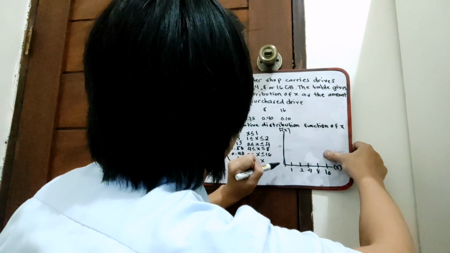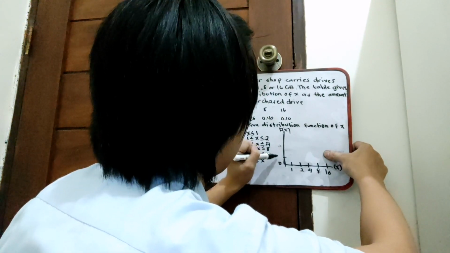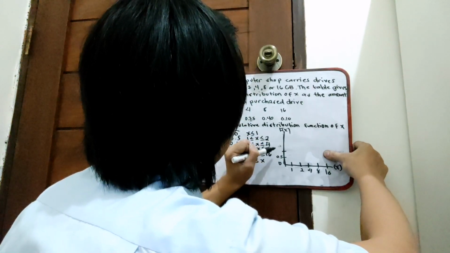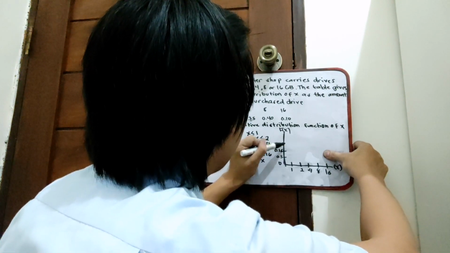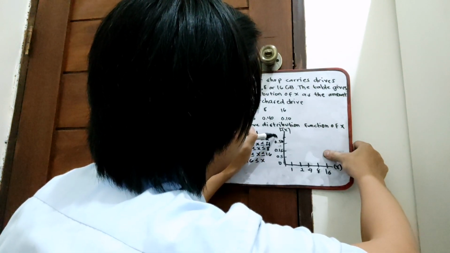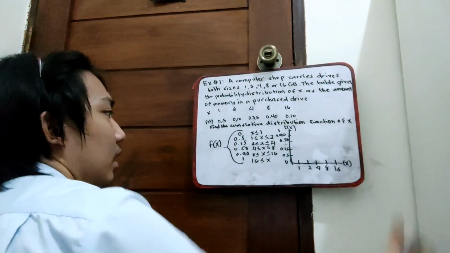And then 0, 0.5, 0.15, 0.50, 0.90, and 1. Now let's graph it.